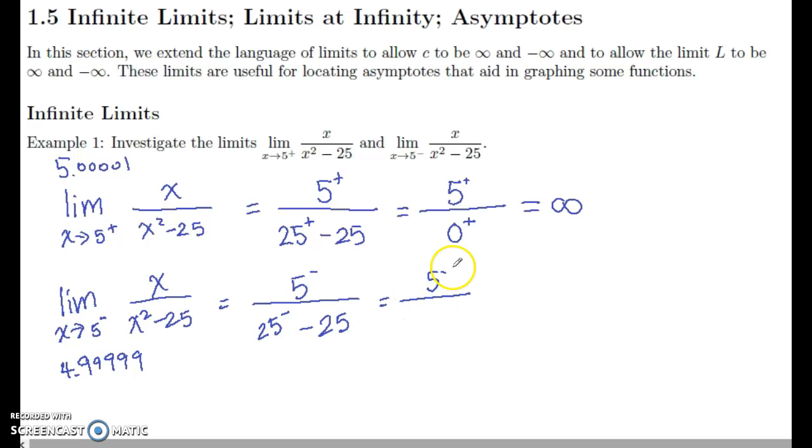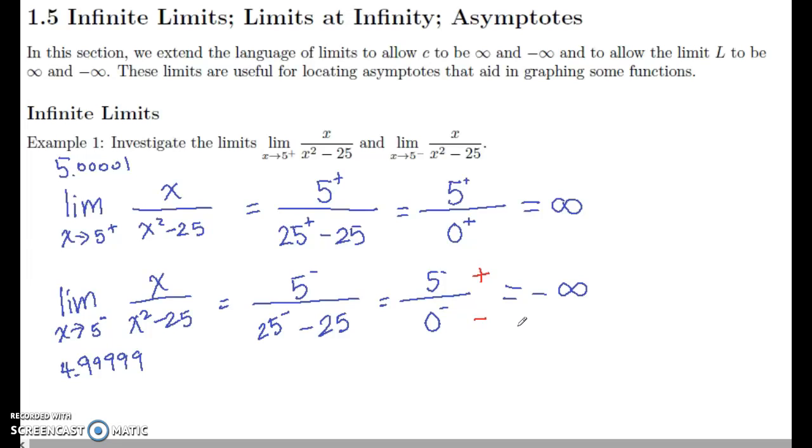Just a little bit less than 5 is still positive. But in the bottom, a little bit less than 25 subtract 25 is a little bit less than 0. So we have positive on the top, negative in the bottom. We get negative infinity for this limit.